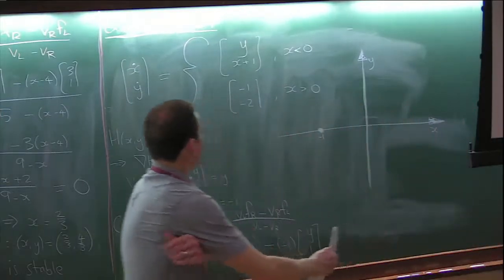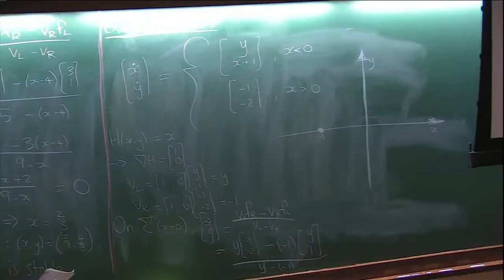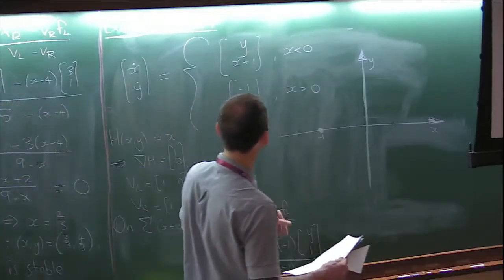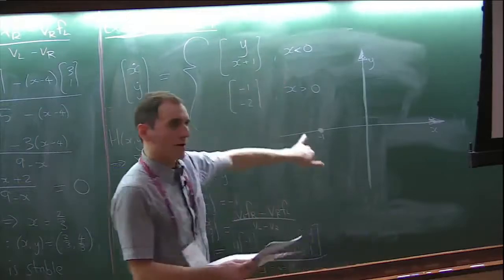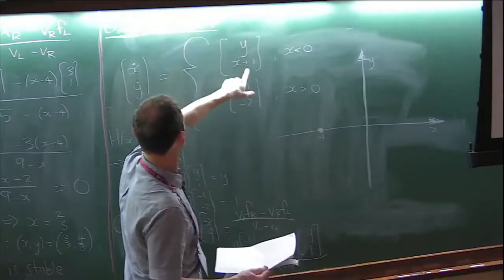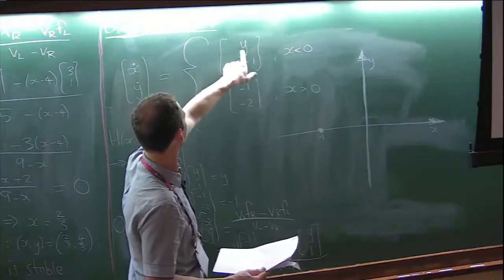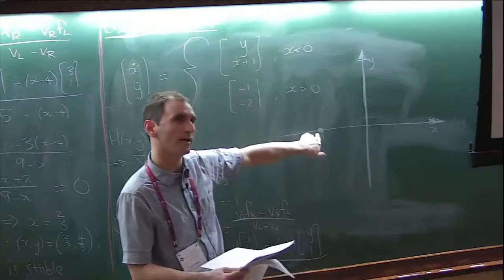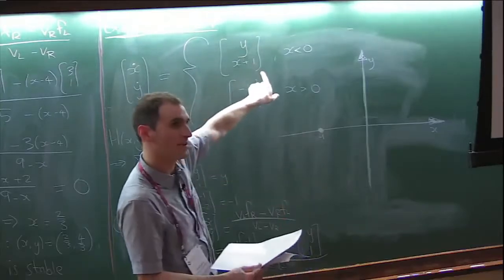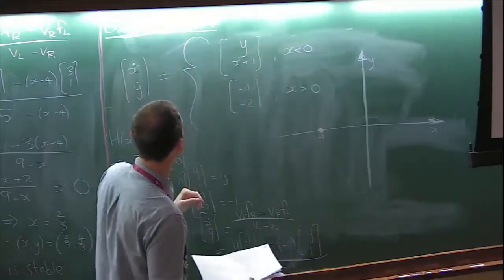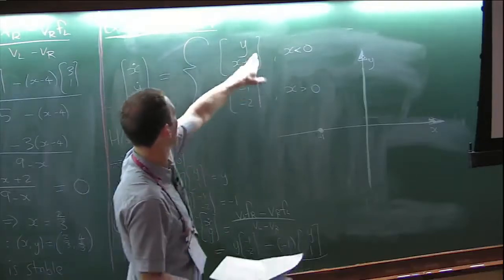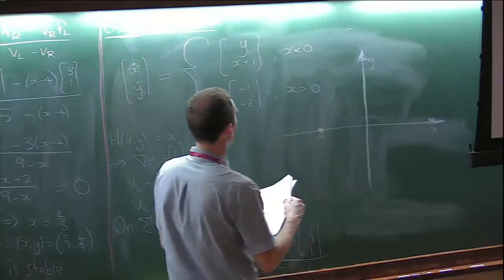Okay, so I'll just go through this on the board fairly quickly. We could first look for regular equilibria. So where this equals 0, you get x is -1, y is 0. So we've got a regular equilibrium here. It's on the left, so therefore it's an admissible equilibrium. You could compute eigenvalues and eigenvectors. It's just a two-dimensional linear system.